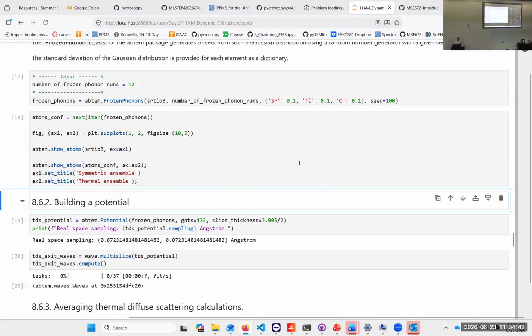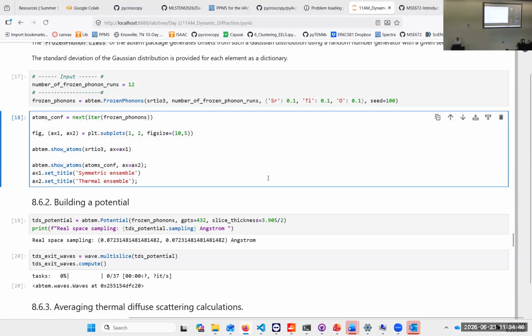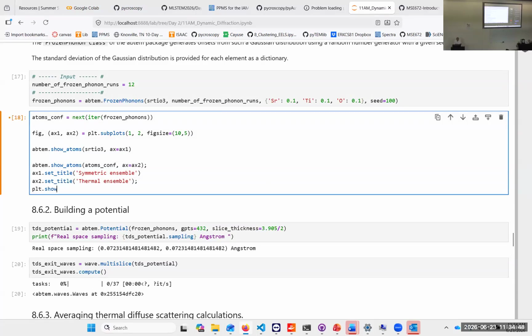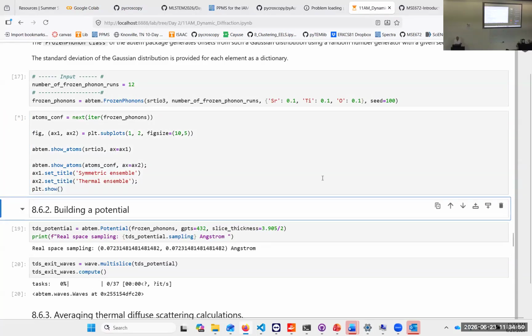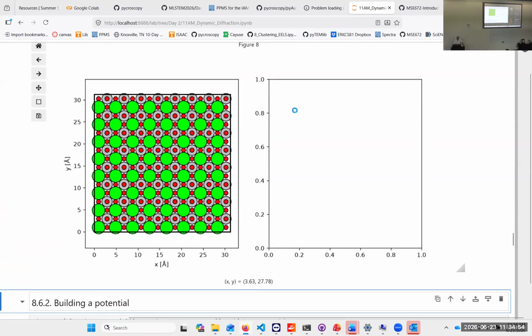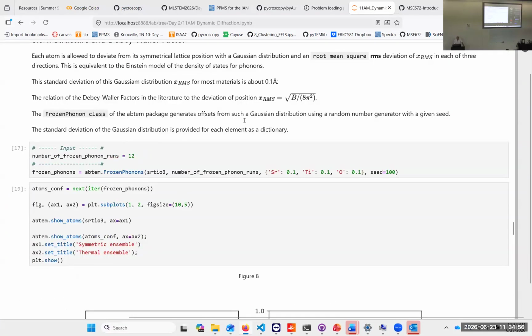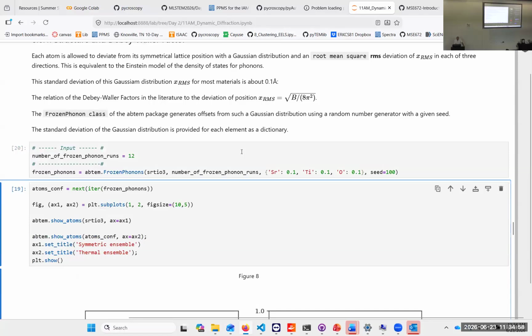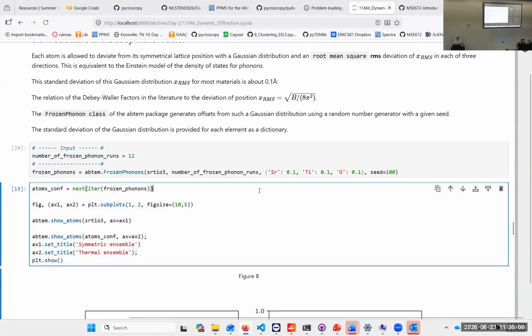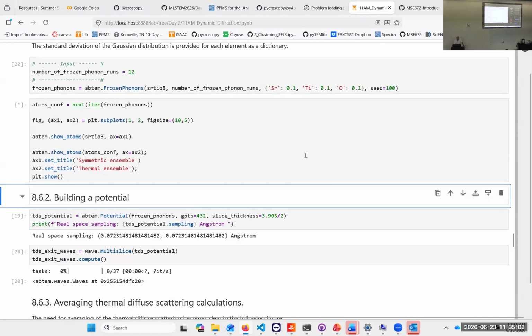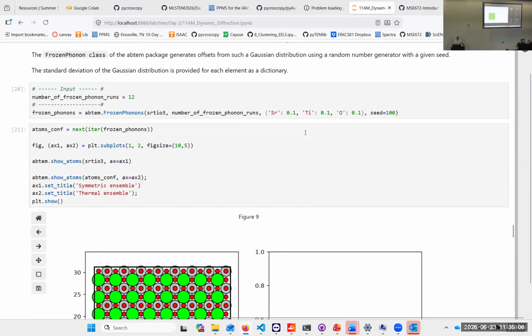Where are my atoms? No. So that should work better.